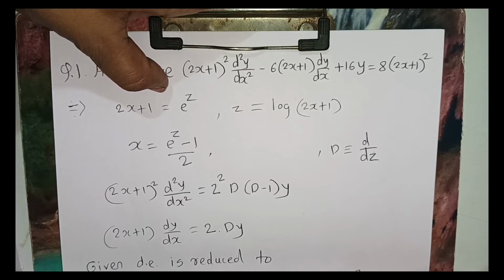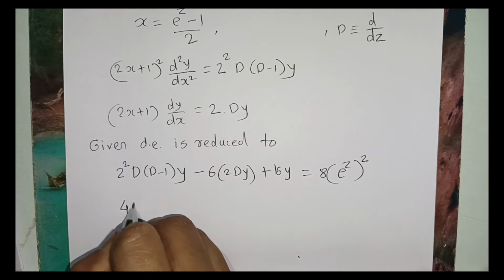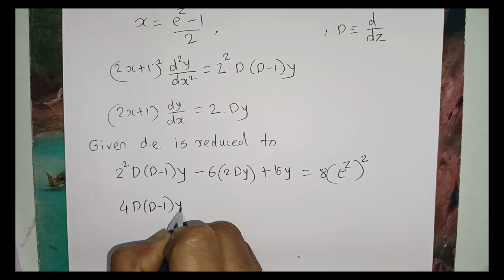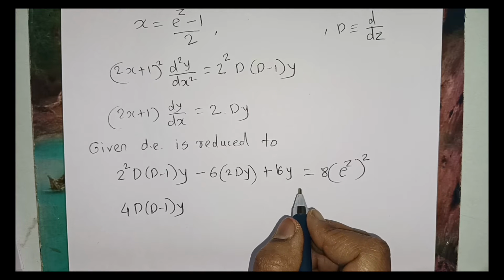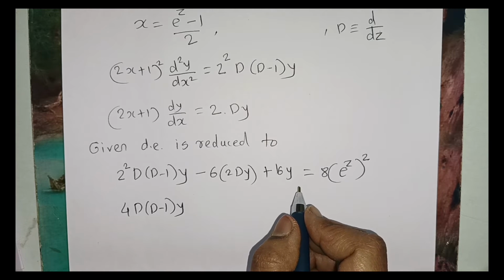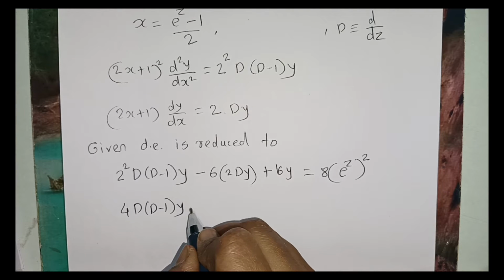So e raised to z whole square, so 4D into D minus 1 y. Now this is the differential equation in y and z. X is replaced by z, so the independent variable is z now.